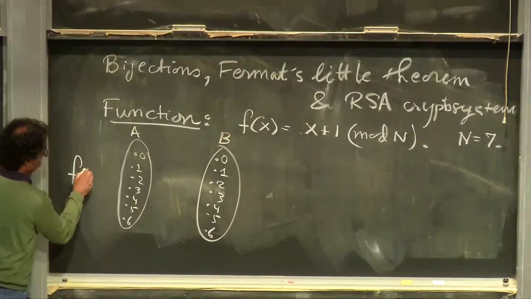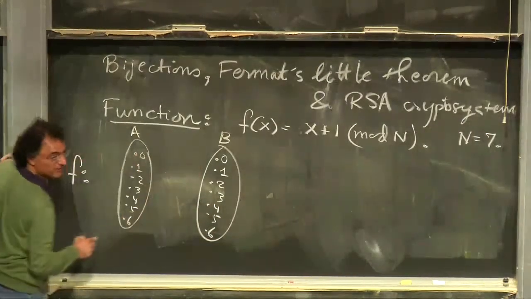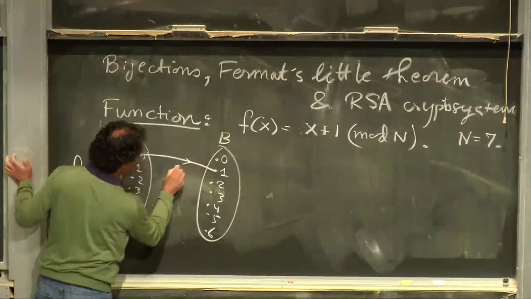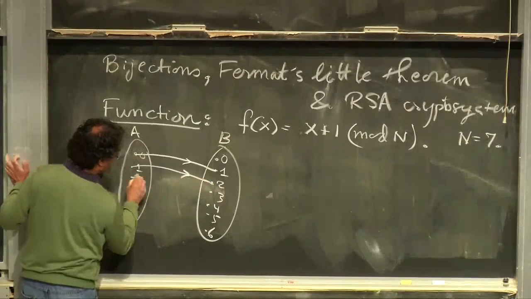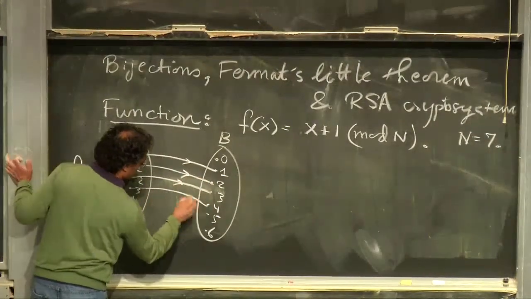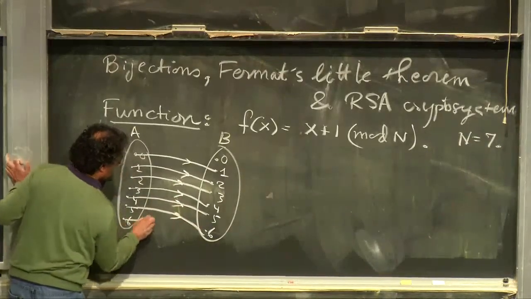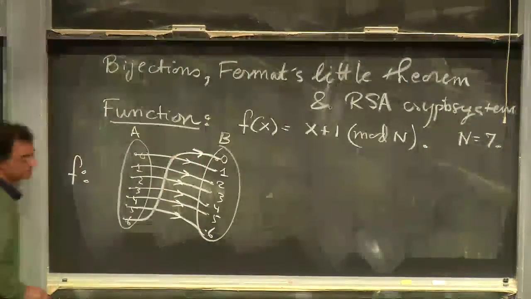And you have the function f, which maps these points to these points. And how does it map it? Well, 0 goes to 1, 1 goes to 2, 2 goes to 3, 3 goes to 4, 4 goes to 5, 5 goes to 6, and 6 goes to 0.